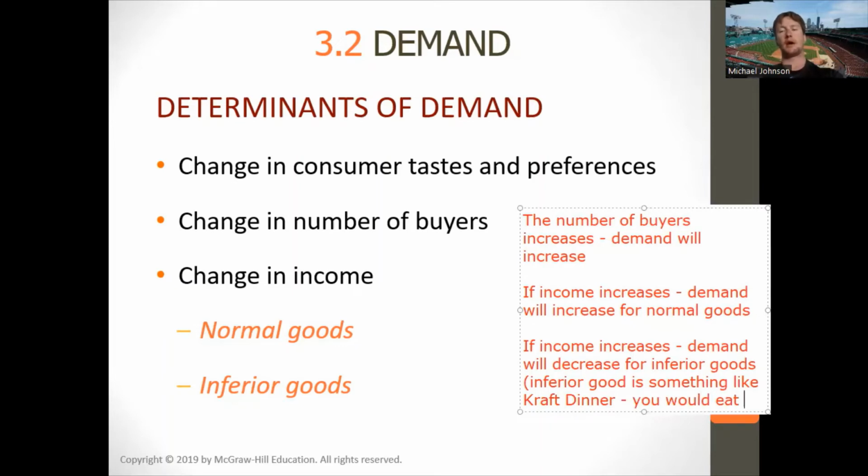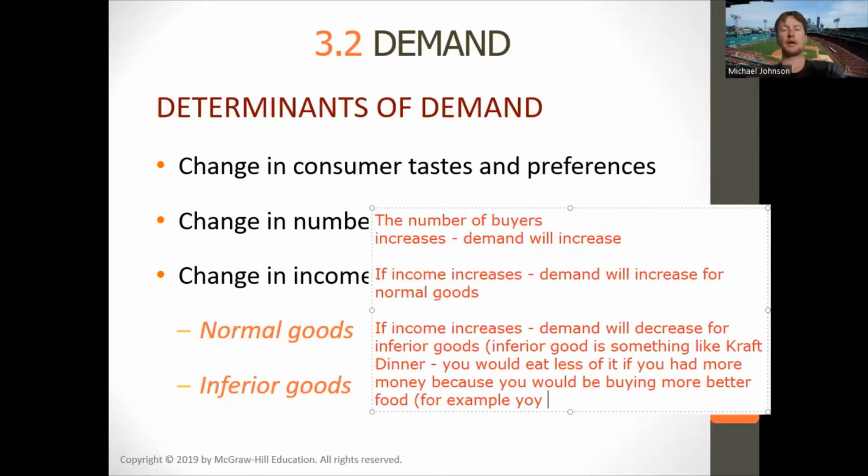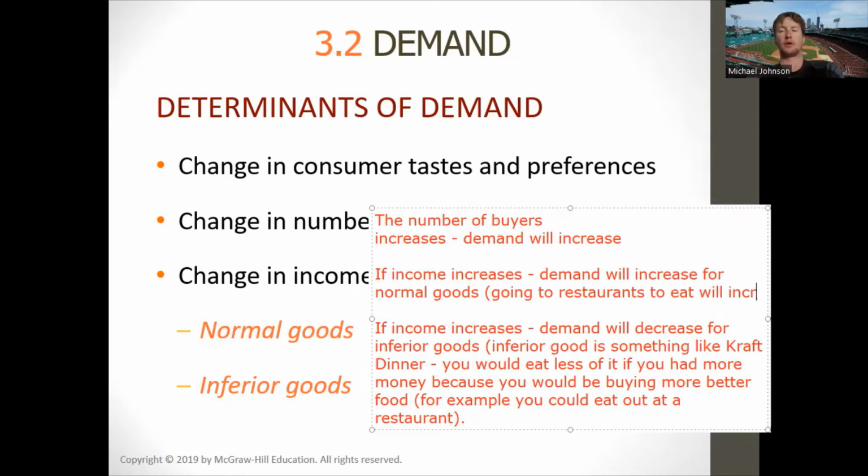You would eat less of it if you had more money, because you would be buying better food. For example, you could eat out at a restaurant. And then if income increases, demand will increase for normal goods, so going to restaurants to eat will increase.